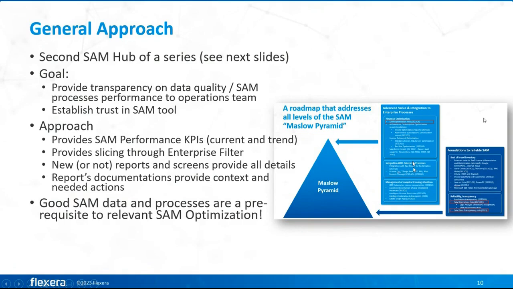If you have, let's say, Power BI centralized reporting, you'd better trust your SAM data and your inventory data before you push data into the enterprise reporting tool, for instance.